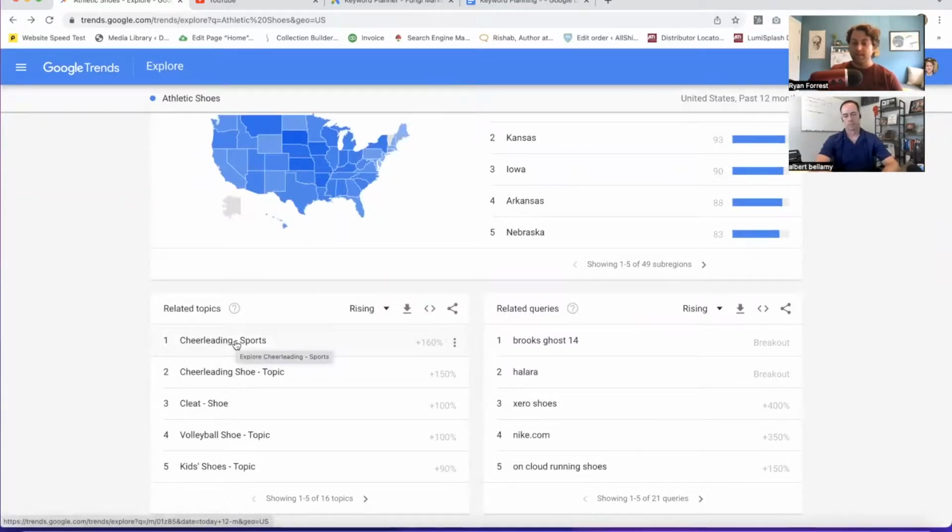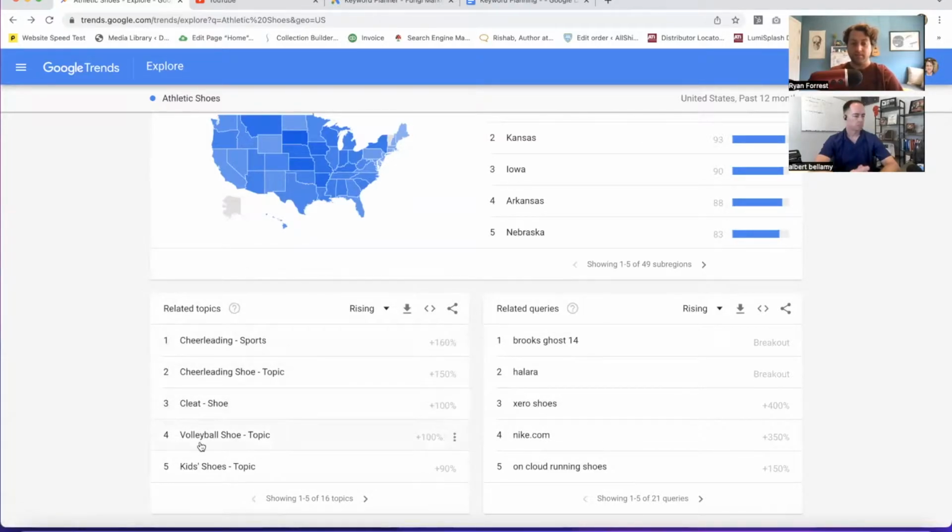Now, an interesting idea for an SEO strategy would be, let's say I have an athletic shoes company and I sell boutique sports-related athletic shoes. You can see these related topics: cheerleading shoes, cleats, volleyball shoes, kids shoes.